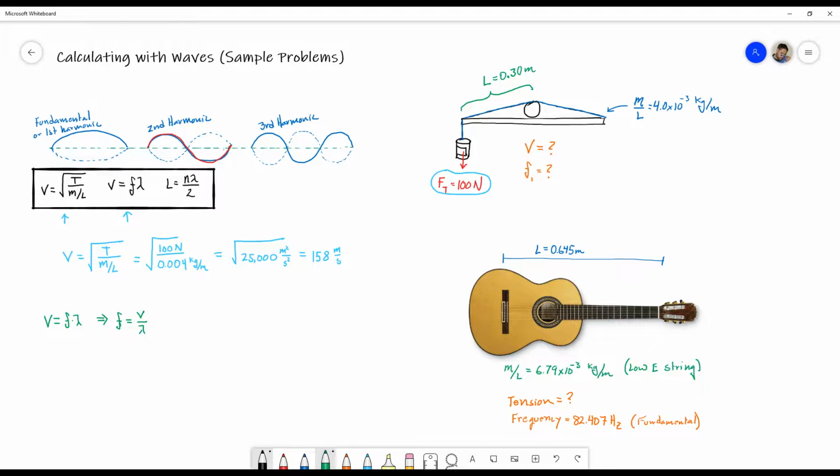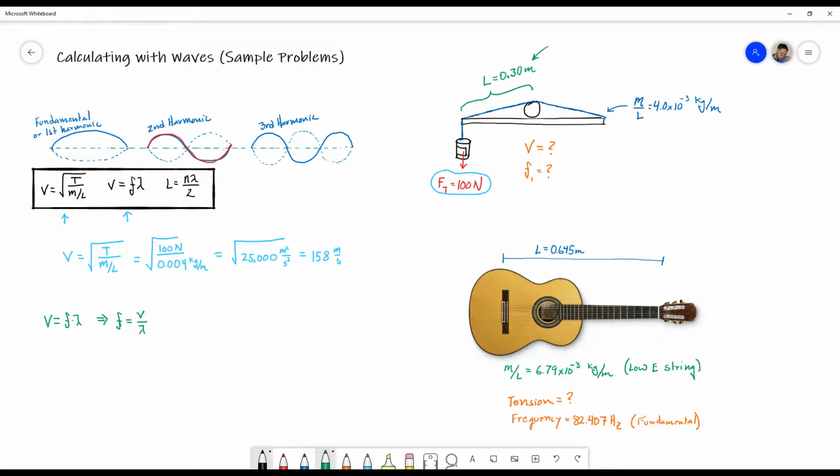You can see that right over here, I only have half a wavelength. So the entire wavelength is going to be twice that amount. If the length of my string is 0.3, then the entire wavelength is going to be twice that.